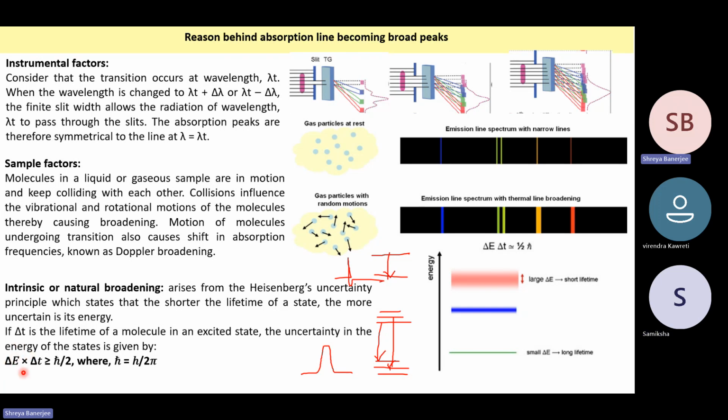The derivation of this is too complicated, but you can just remember that any energy level has a certain lifetime, and delta T is the lifetime. And so delta E must also have a certain value. It cannot be 0. So this is the natural uncertainty that occurs for any energy level.